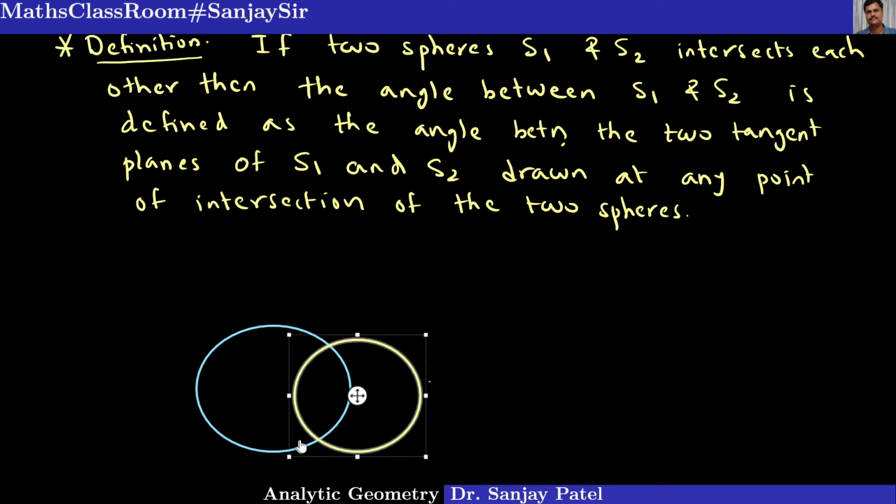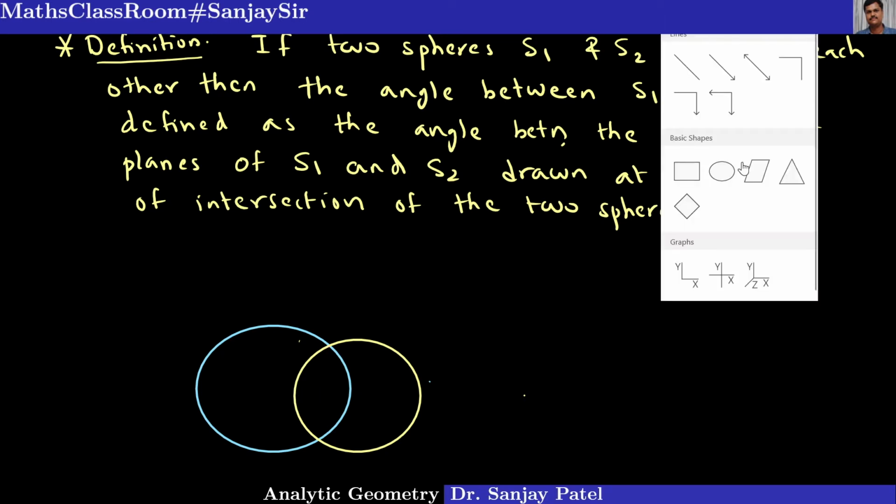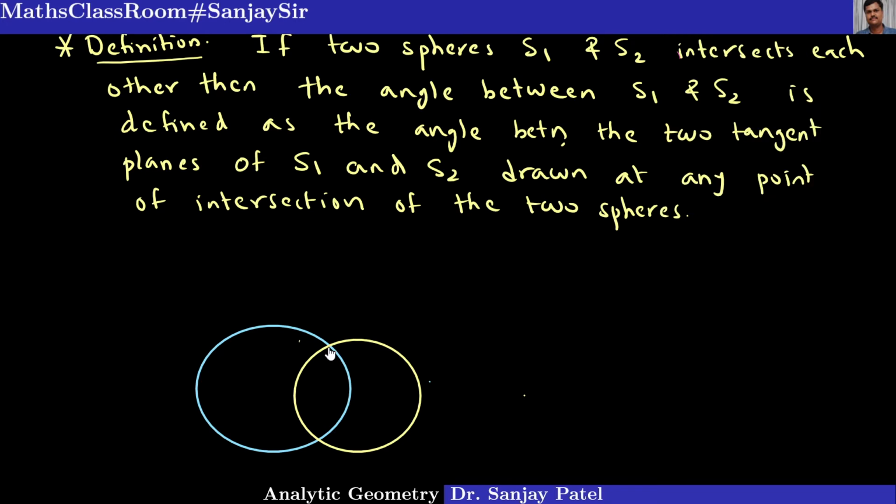Both are intersecting each other, and we know the intersection is a circle. So this is the circle of intersection of the two spheres.